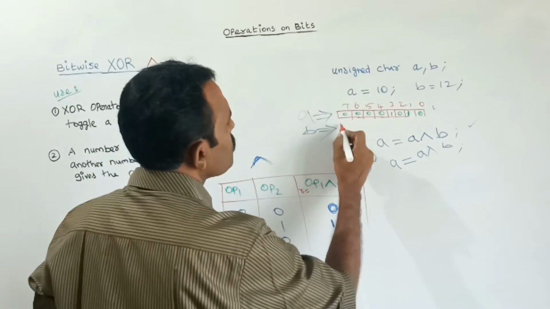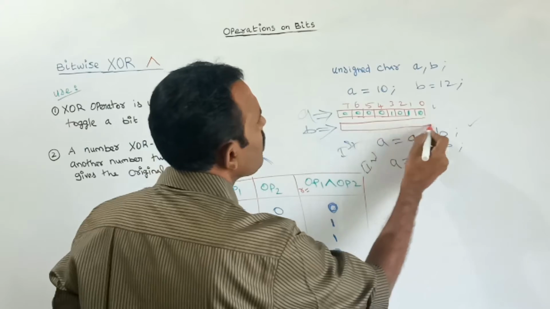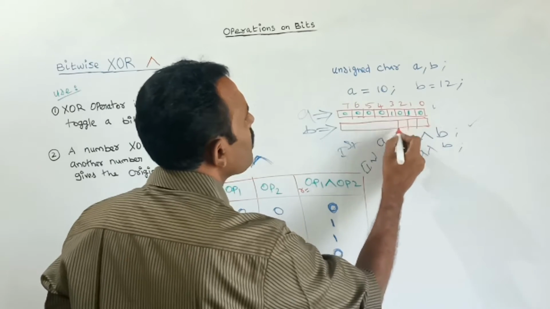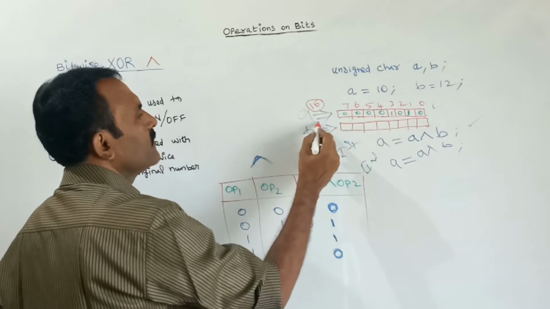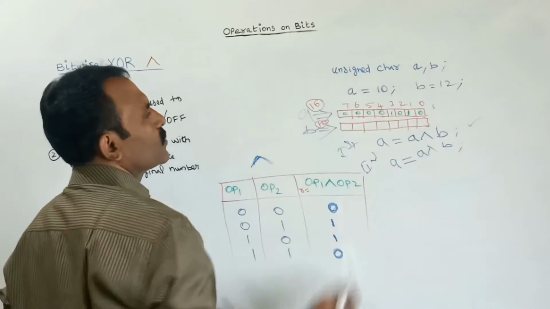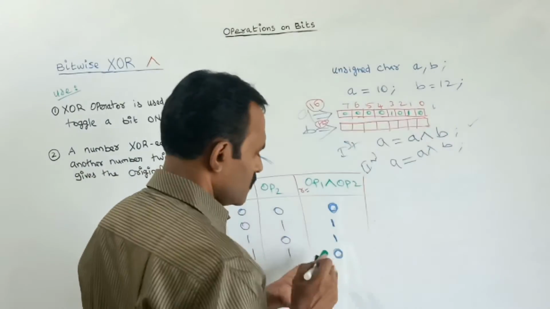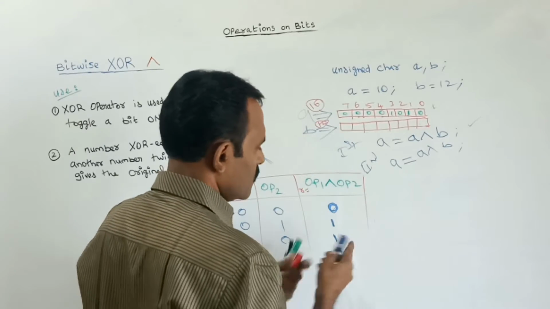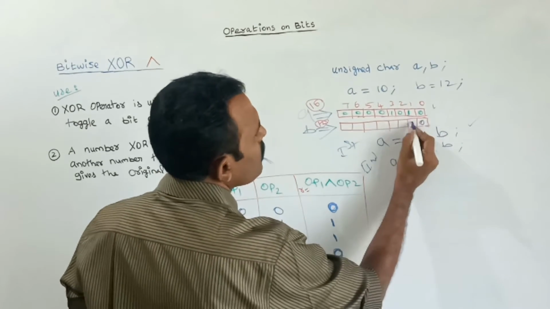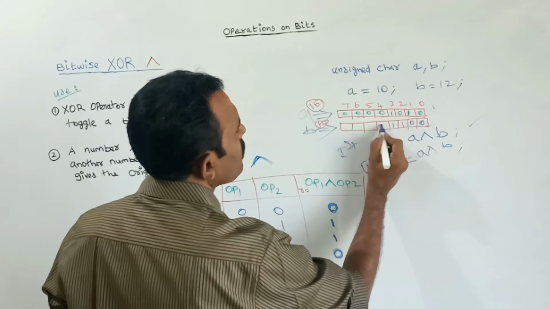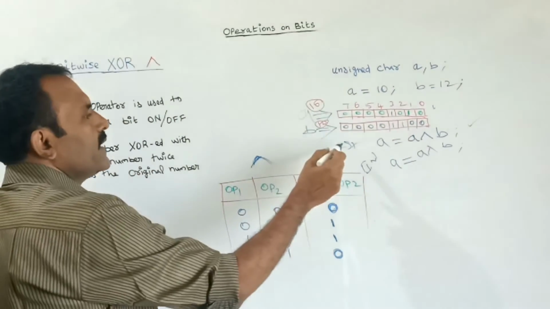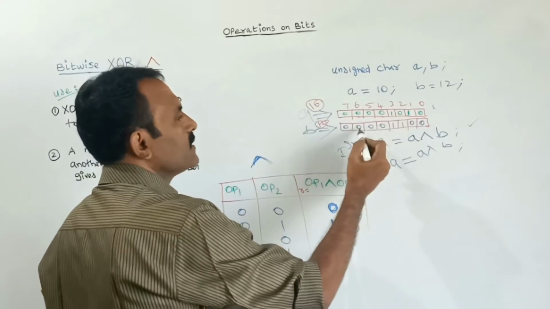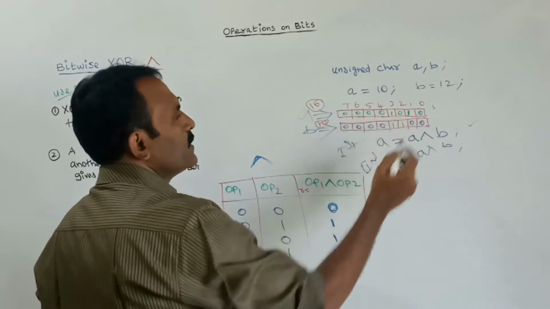If we convert 12 into binary, this is the answer, 1100.